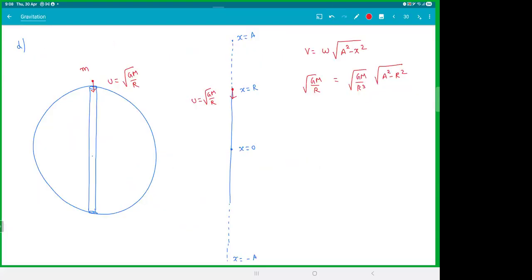And when I do this, GM by r, everything gets cancelled out. You end up with a equal to r root 2. That means your amplitude here is r root 2. Or you can say r is nothing but a by root 2. So indirectly, the question has become: find the time taken to go from a by root 2 to minus a by root 2. Isn't that the whole question now?